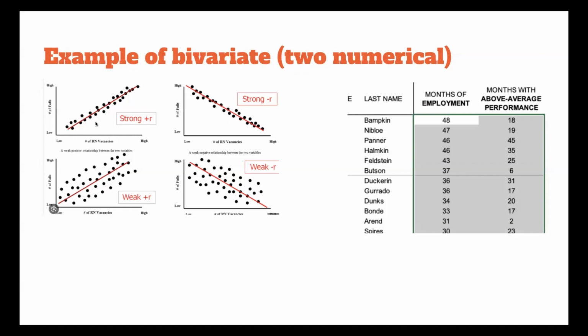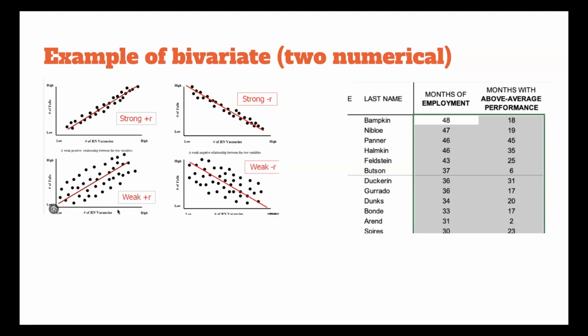So you can have minus 0.7, minus 0.9, minus 0.1, but you can't have minus 1 point something. That doesn't work. So it goes from 0 to 1. This is showing a strong positive relationship. However, it is a little bit scattered.